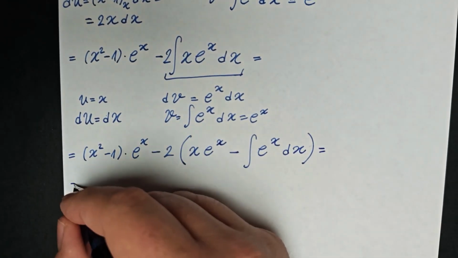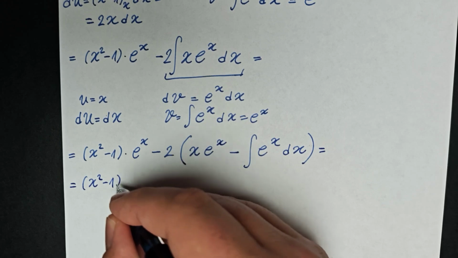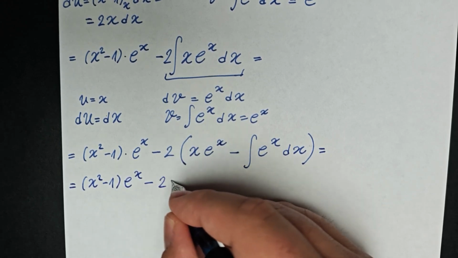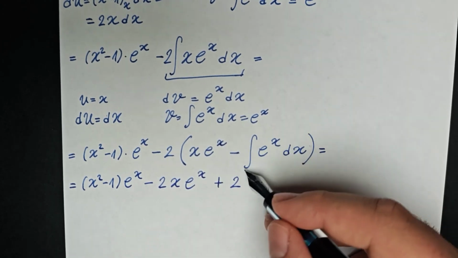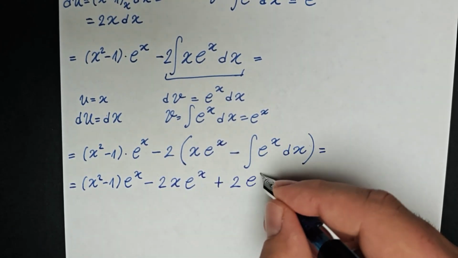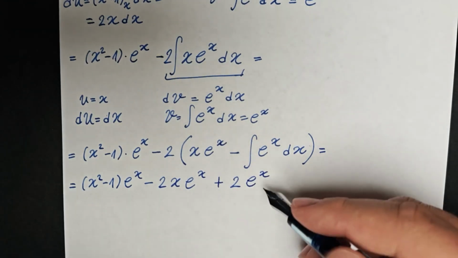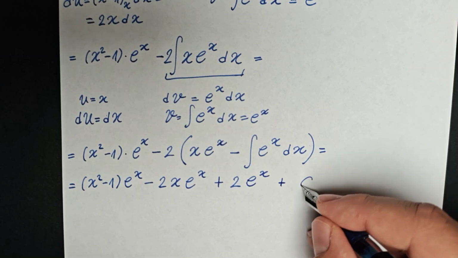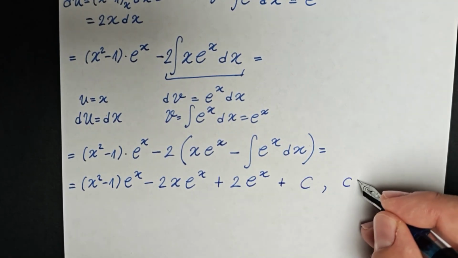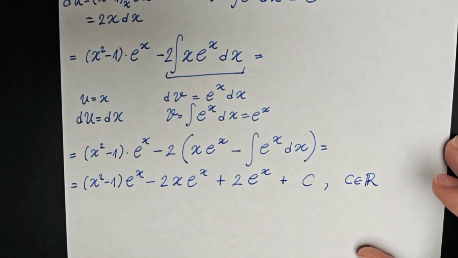This is then equal to x squared minus 1 e to the power x minus 2x e to the power x, and plus 2 integral of e to the power x dx, which is just e to the power x. And of course, now that we have finished with all integrations, we are going to add that plus c, where c is any real number.